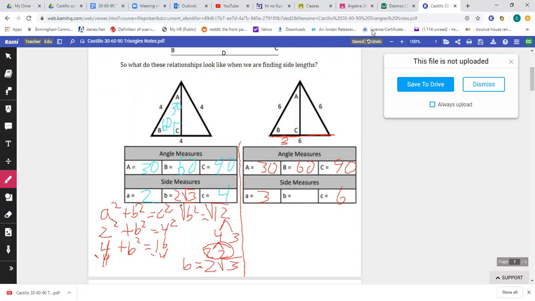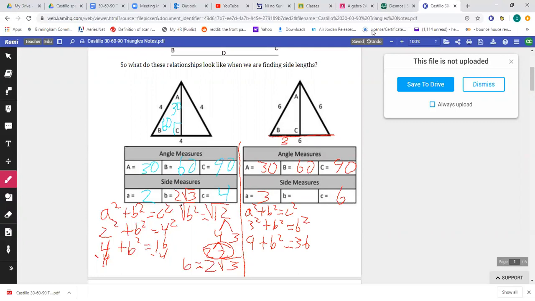So I'm going to go ahead and do Pythagorean theorem again. A squared plus B squared equals C squared, right? And so I get 3 squared plus b squared is equal to 6 squared. And then so I get 9 plus b squared is equal to 36.